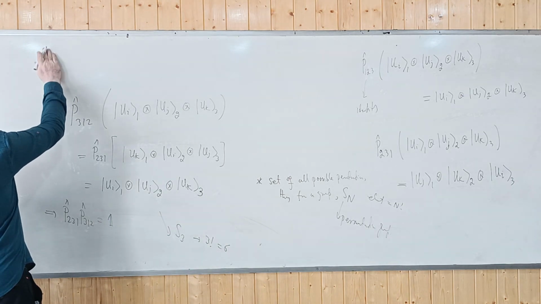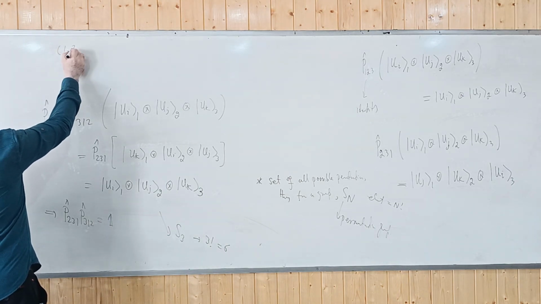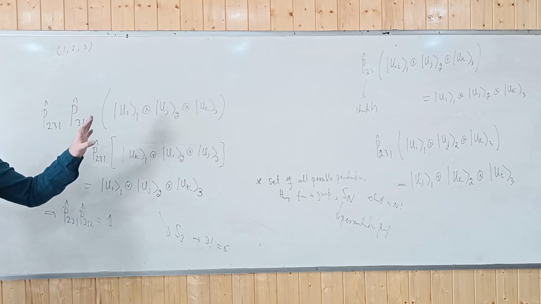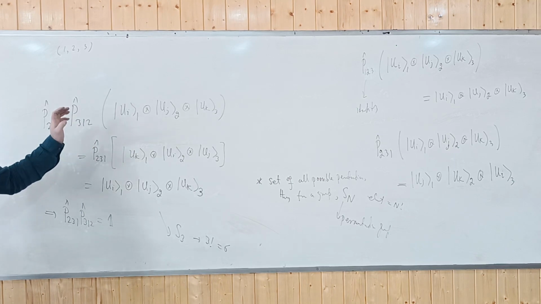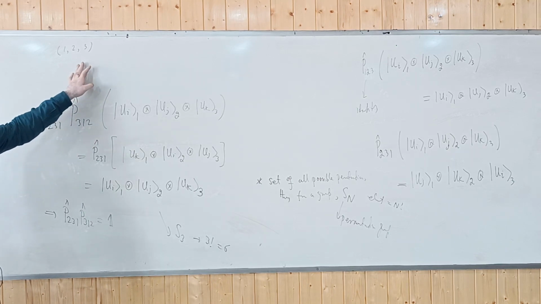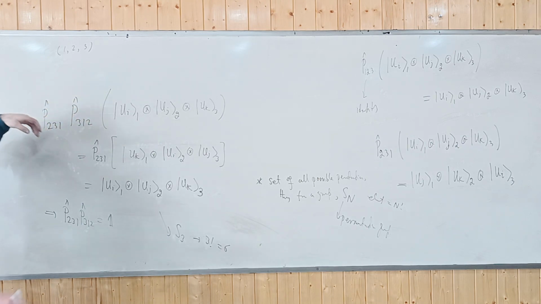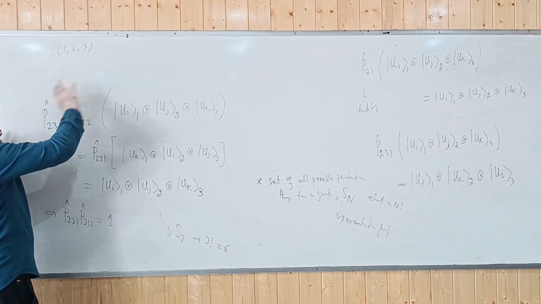Suppose I give a set, let's take this 1, 2 and 3. Just apply the permutation operator. How many elements should you get? Once you apply the permutation, that means you put all the possible distinct permutations, so you will get 6 elements.